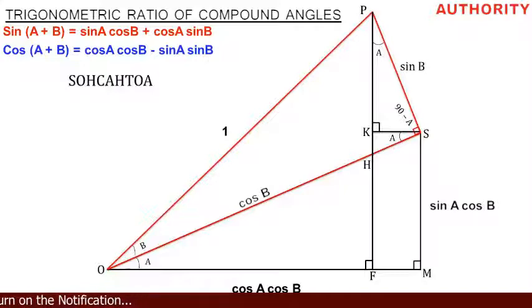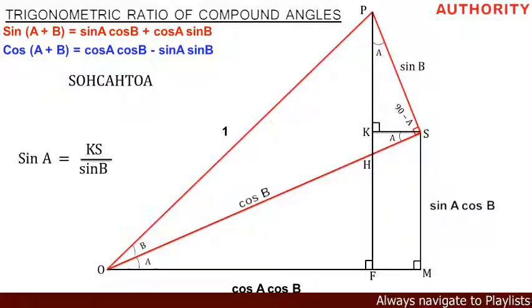So we're going to say sinA is equal to opposite all over hypotenuse. In triangle PKS, our hypotenuse is sinB, so sinA is equal to our opposite, KS, all over our hypotenuse, sinB.